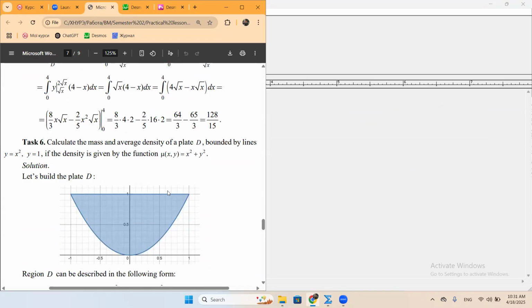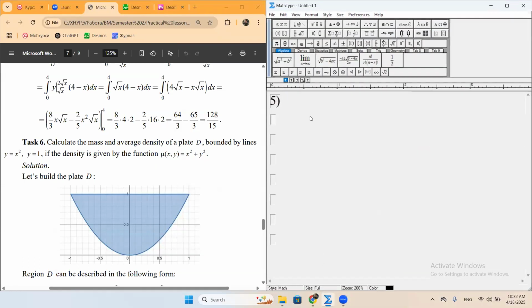So now we have to calculate the mass and average density of a plate. And it is bounded by the following lines. So y equals x squared and y equals 1. The plate is already plotted here. And how to calculate the mass? Mass is calculated by the following formula.